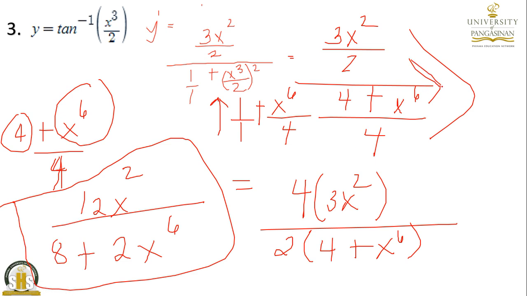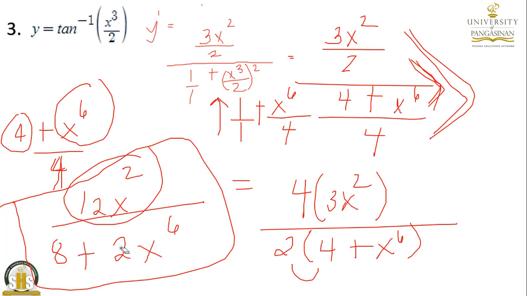Okay, then outside is 3x squared times 4. Kaya, naging 12x squared. Tapos yung inside naman, 2 times 4 is 8. Kaya pala ganyan yung sagot niya dito.